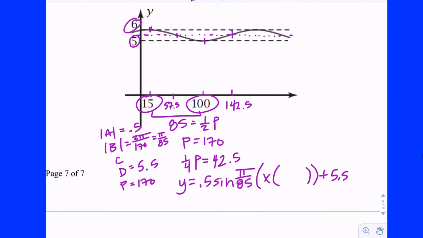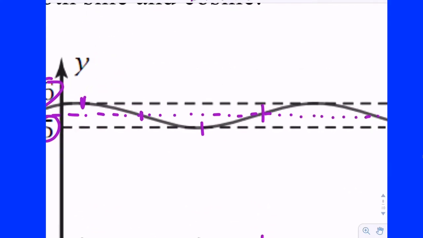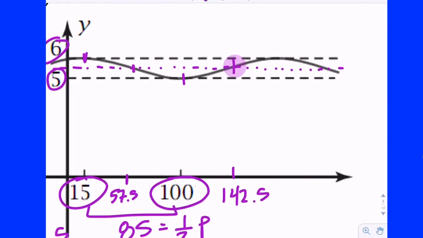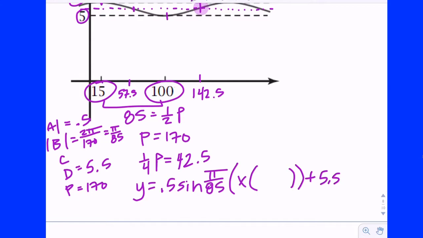Positive sine starts where? Axis going up. Yeah, so that's at 142.5. So it'd be minus 142.5.